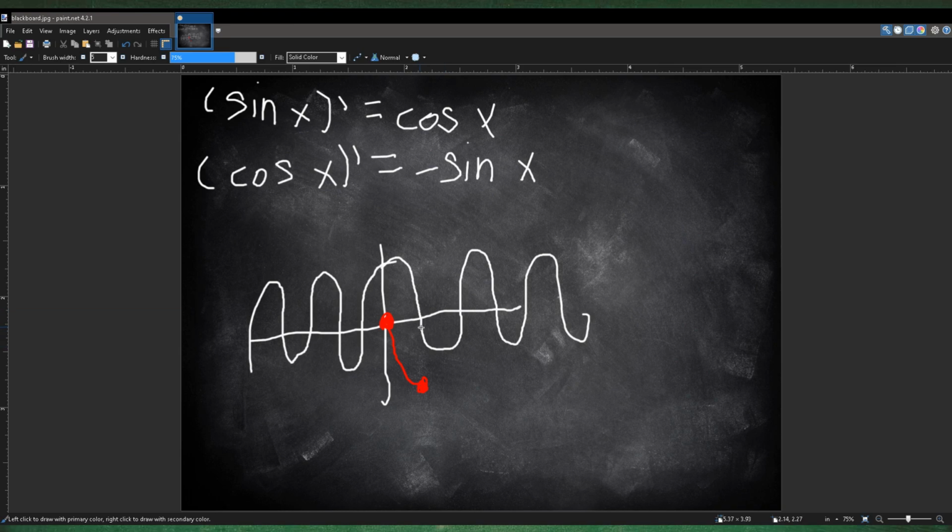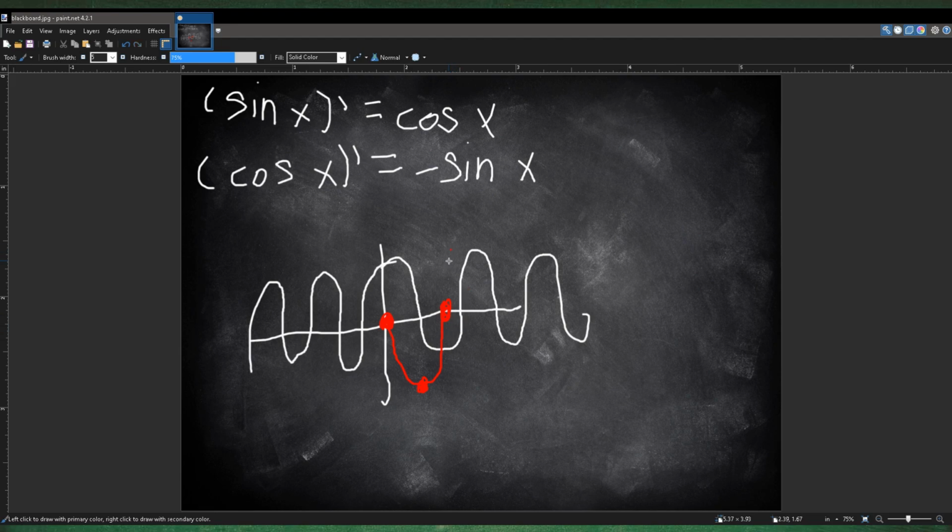Then as it gets more negative it goes to this point, which is 0, because at this point the tangent is a straight line parallel to the x-axis, so the slope has to be 0. It's a similar concept to what we used for sine of x. Then you keep going until you reach this point, which is 1, because if this is negative 1, then this has to be 1.